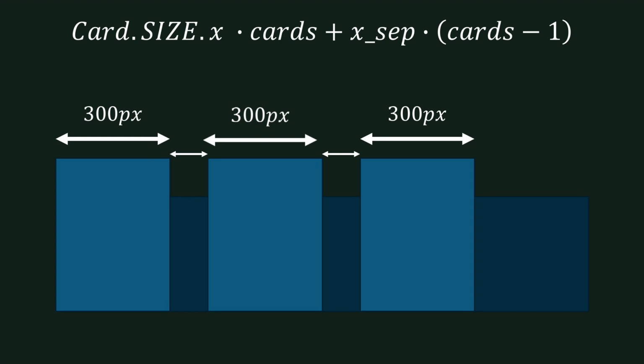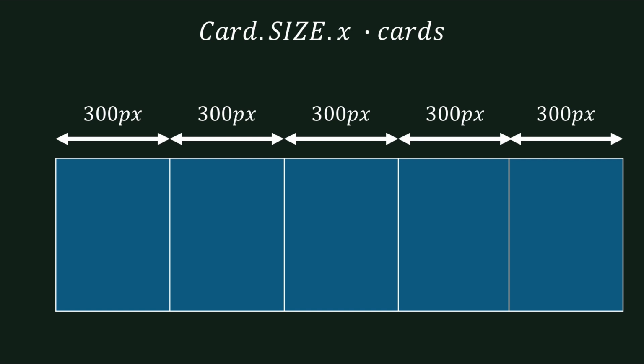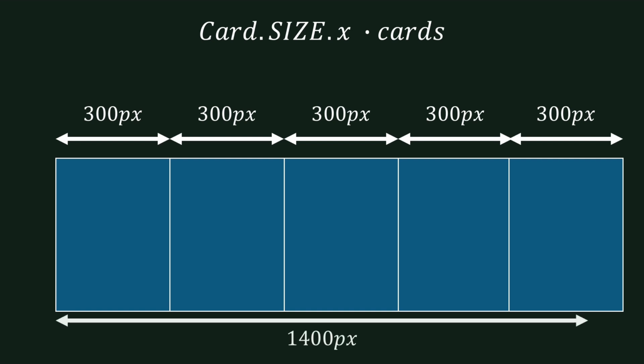And after that, 2 things can happen. The cards either fit inside the hand, like in this case, or this combined size might overflow, meaning it is bigger than the size of the hand. Take this example. If we have 5 300 pixel wide cards and a 1400 pixel wide hand, they overflow, even if we use 0 for the x separation value.